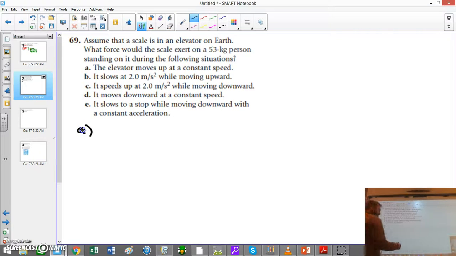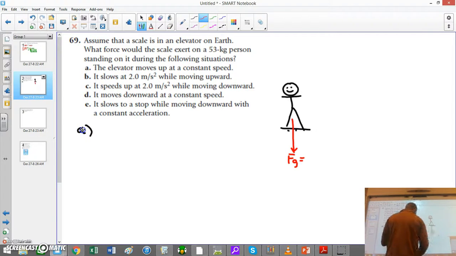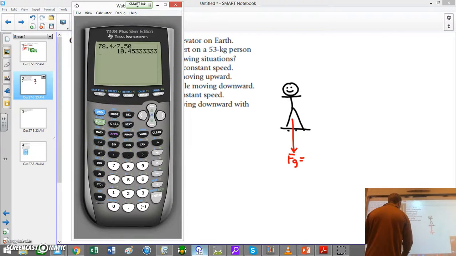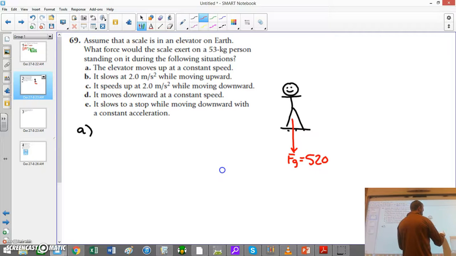So here's you standing on a scale in an elevator, you have a certain amount of weight. We can figure out what that is because you take your mass, 53 kilograms, multiply by 9.80, and you end up with 520. So the force of gravity on you is 520 newtons.